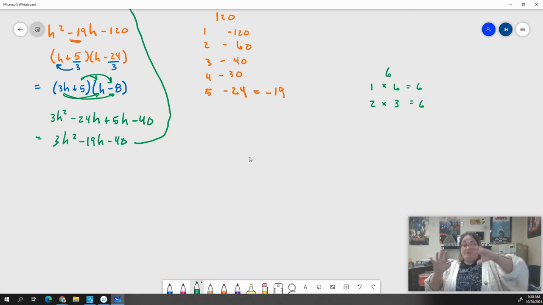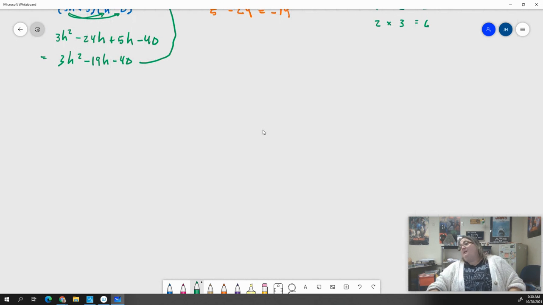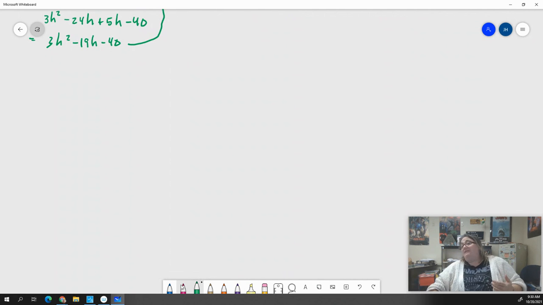So that is it for this part, but we do have this special pattern that we call a difference of squares. It is super handy. It takes so much work out of things.